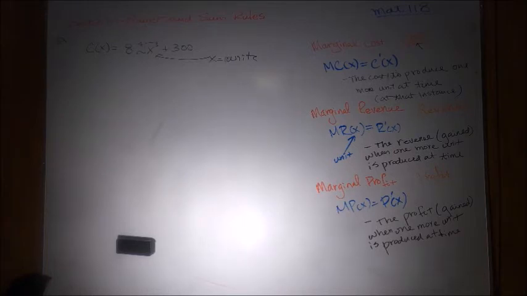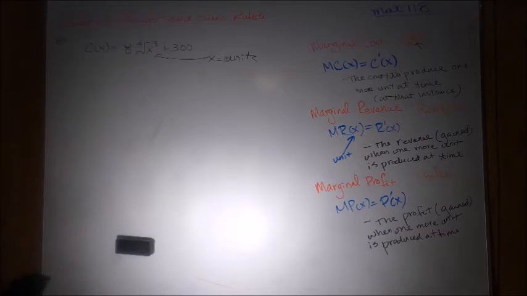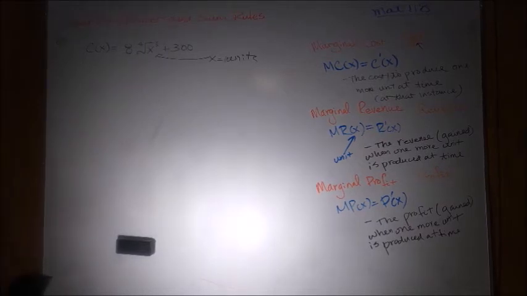On your page 33, the example says finding and interpreting marginal cost. The Pocket EZC is a miniature kitchen flashlight based on LED technology. The cost function, the total cost of producing x flashlights, is given to you.